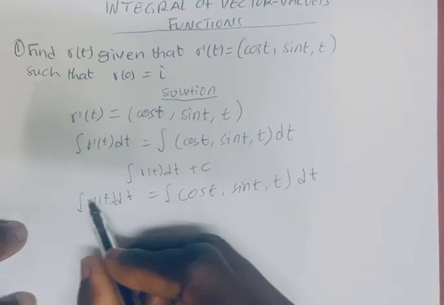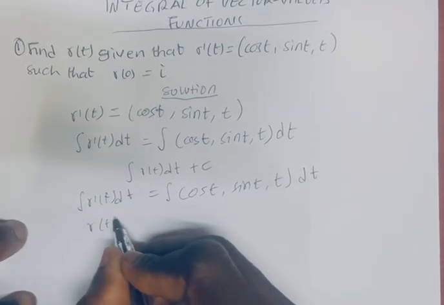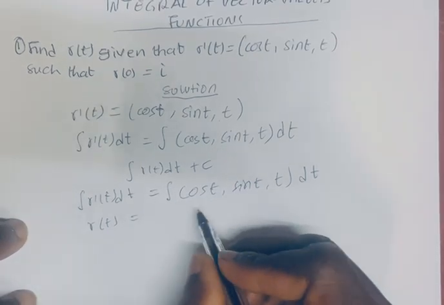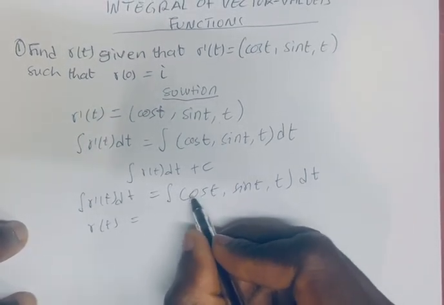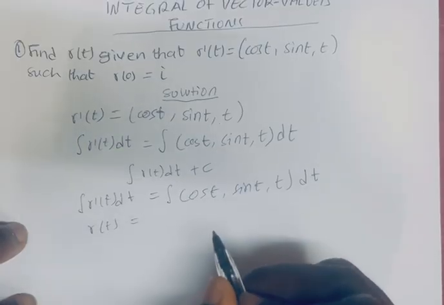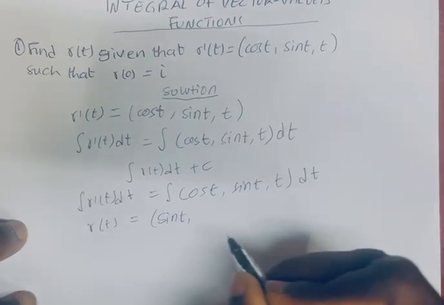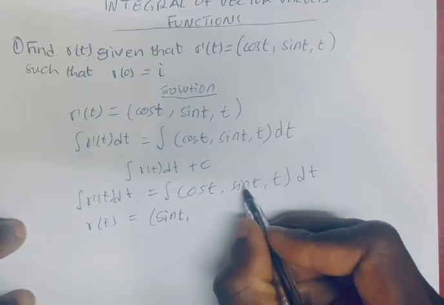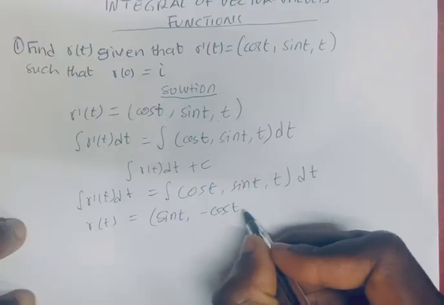So if you find the integral of this, you are going to have r of t equal to the right hand side, which is, when you find the integral of cos, will give us sine. So we have sin t, and then the integral of sine will give us negative cos, so we have negative cos t.